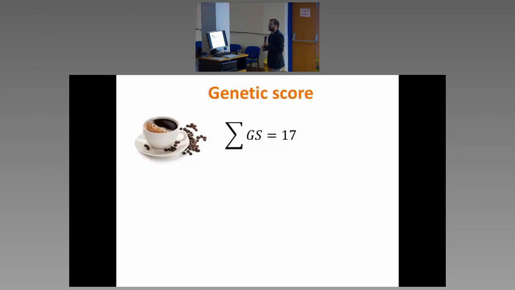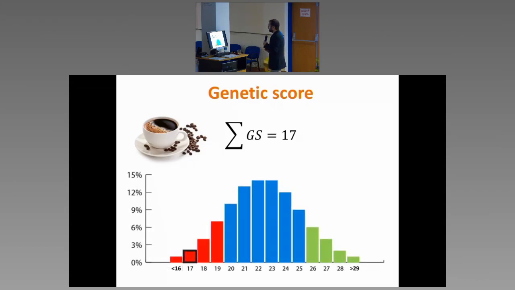The number means nothing if you have no idea about the population. So we have to simulate the genetic score and the distribution of the genetic score in the European population. And this genetic score distribution is based on public data. It's nothing hidden, it's about 1000 Genomes or the dbSNP database.